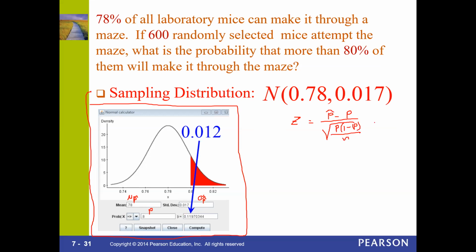So this is to get this number, but with StatCrunch, you don't have to do that much. You just put the number inside, and then you're able to get the probability of X greater than 0.8, because you say more than, is equal to 0.1197.